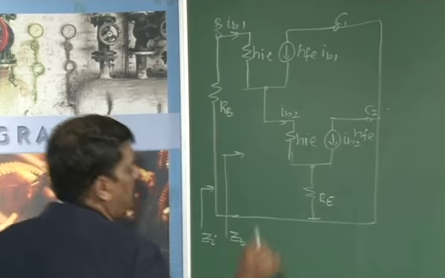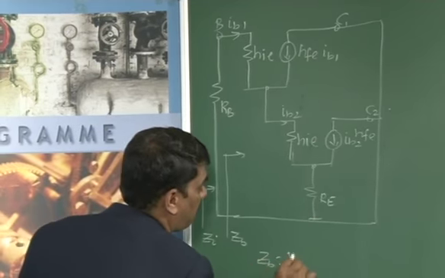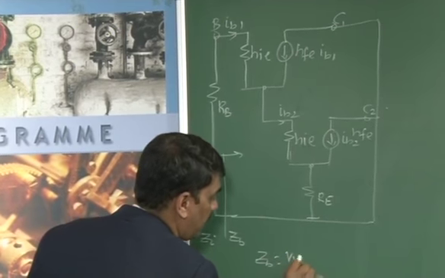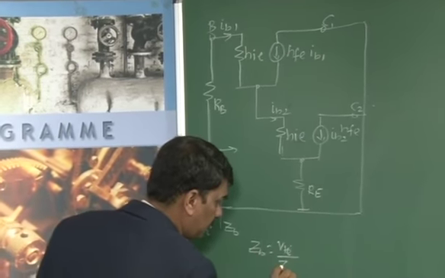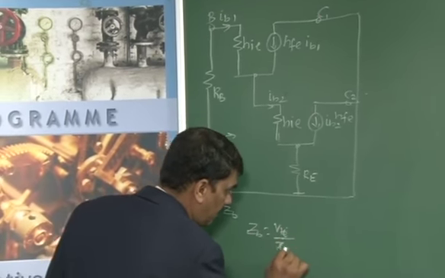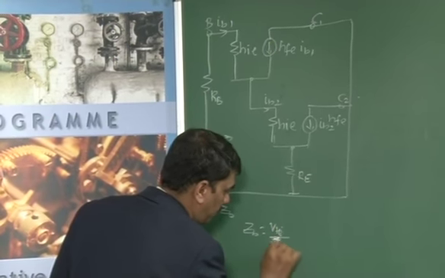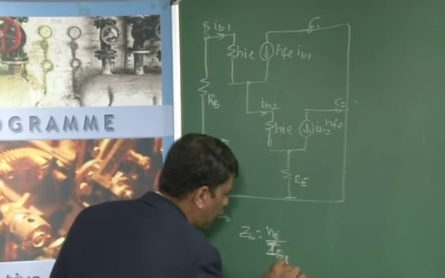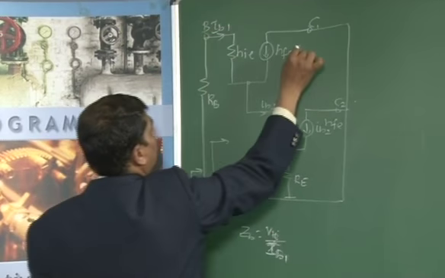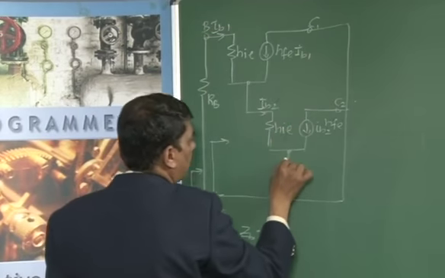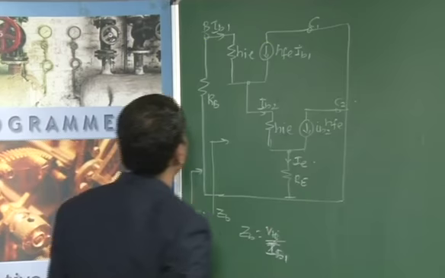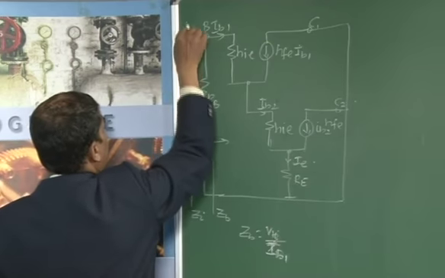We need to find ZB equal to VB or Vi by Ib1. The current flowing through this is Ib1, through this is Ib2, and through this is IE. The voltage at this point is Vi.